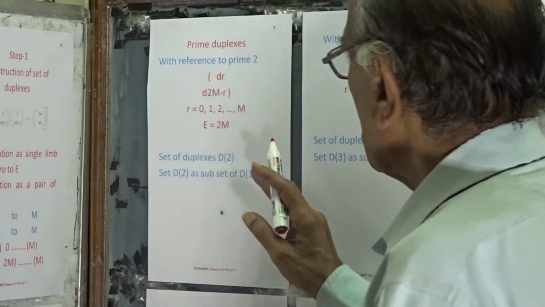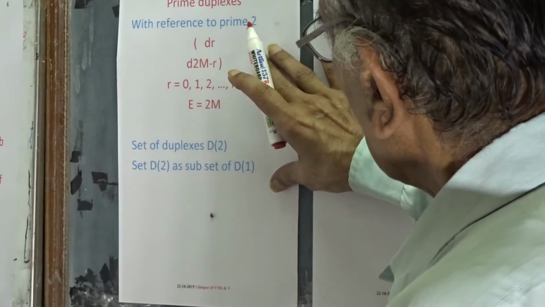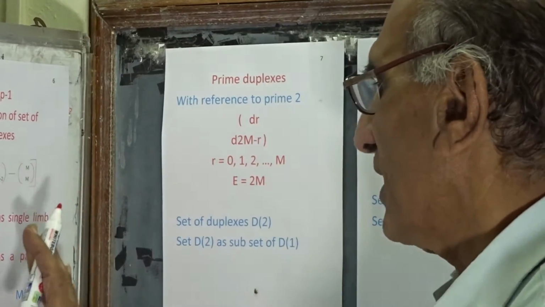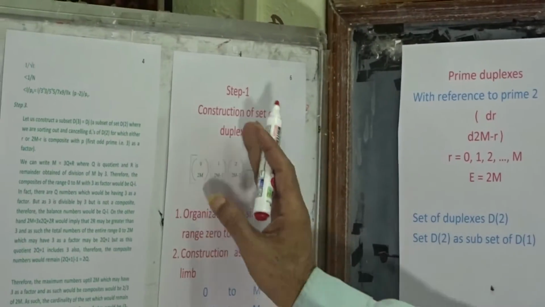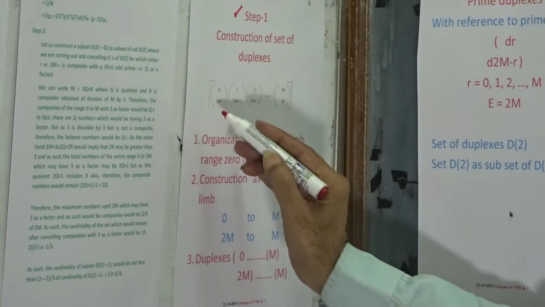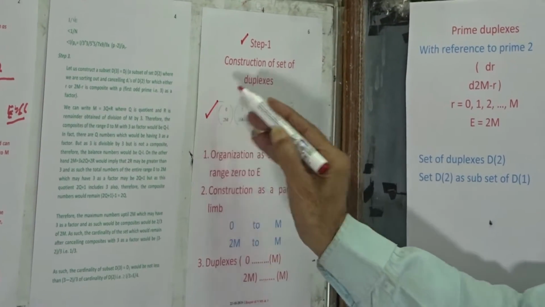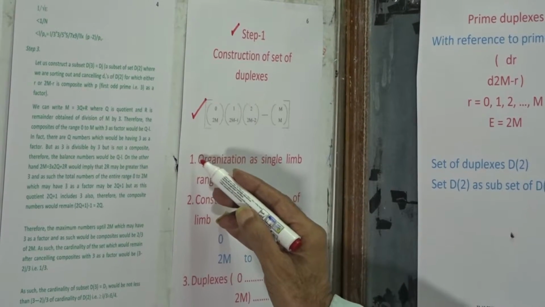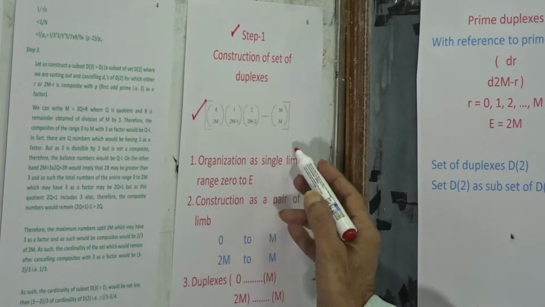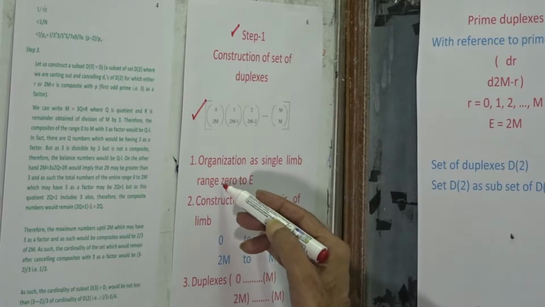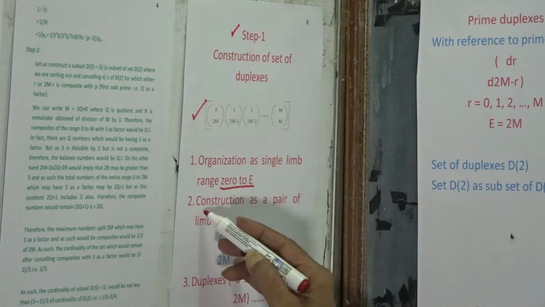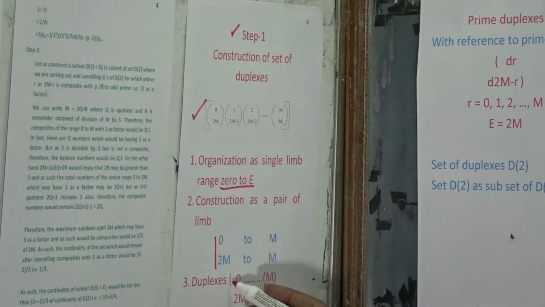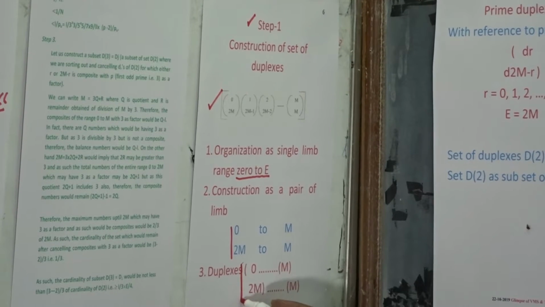Now the step 2 is to be reached at, and for it we have to recapitulate first that as step 1 we have constructed duplexes. For these duplexes we have an organization as a single limb range for 0 to E, reached at by construction as a pair of limbs, and then there is a construction of the duplexes.